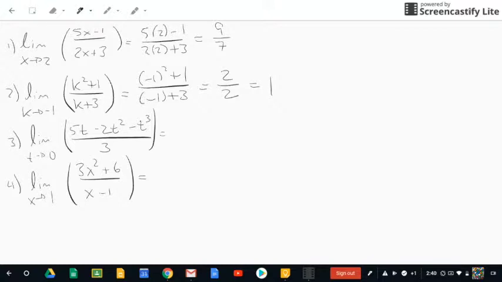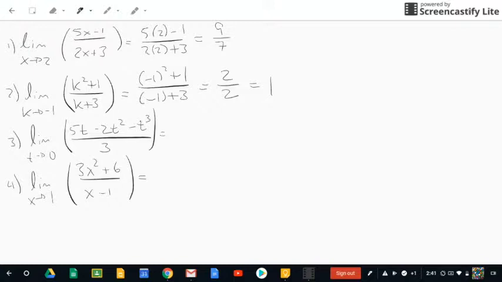That's fantastic. Now, down here, when I plug 0 in, notice my numerator here, 5t minus 2t squared minus t cubed, goes to 0 at 0. The denominator is this constant value of 3. Now, don't let that throw you off. That's not a big deal. It's not a problem if the numerator goes to 0.